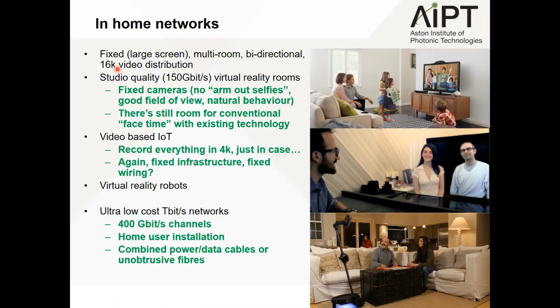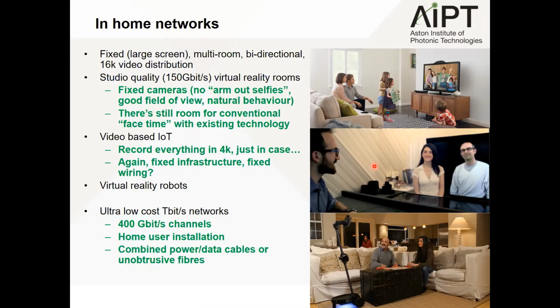In order to do that, if we're not going to put all those sensors and that intelligence in the screens, that sort of virtual reality headset thing, we're going to need multi-room, bidirectional 16K video distribution around the home. We're possibly going to want particular points where we have studio quality stuff going on in order to do this three-dimensional stuff.